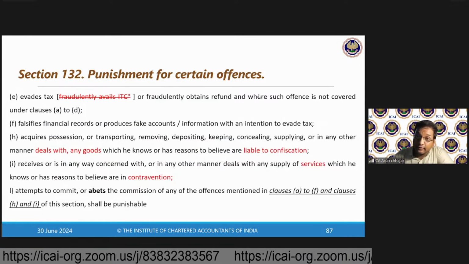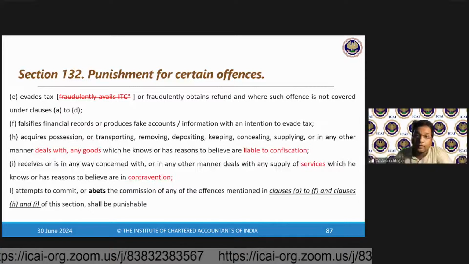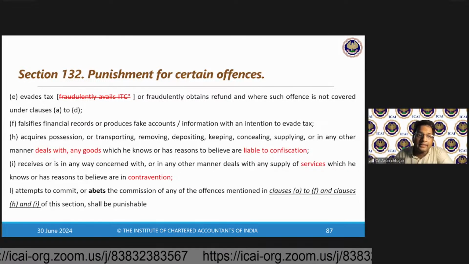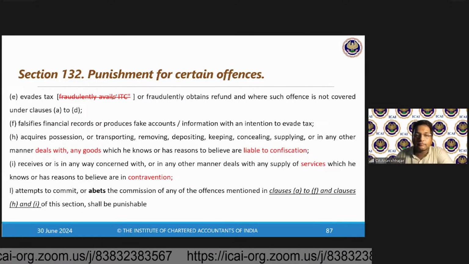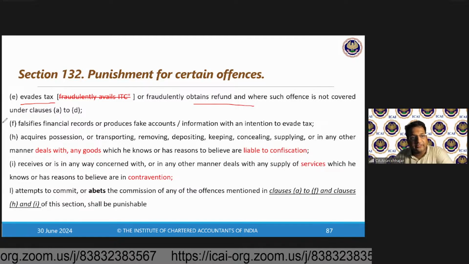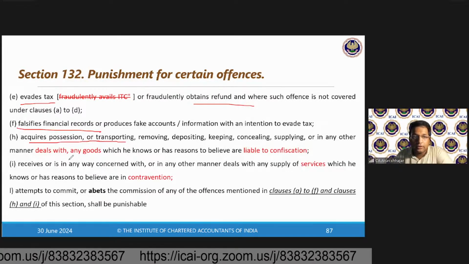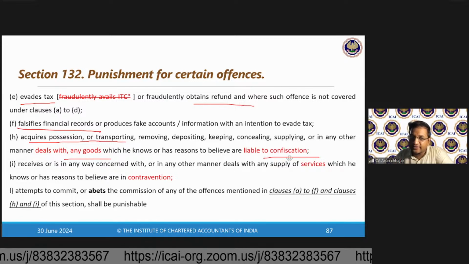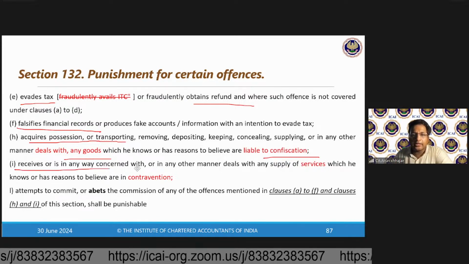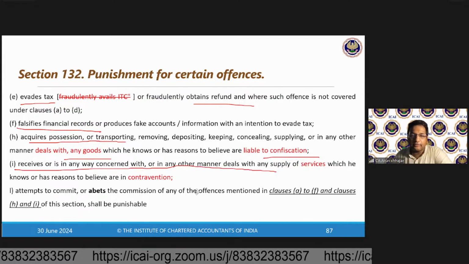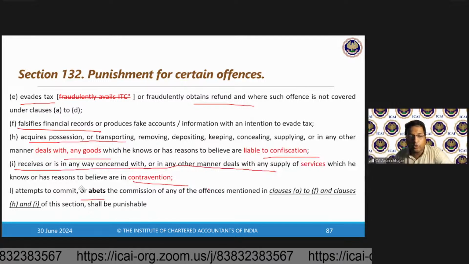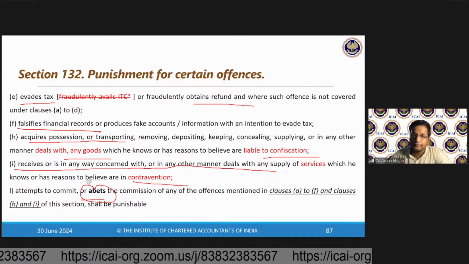Now the next 5 offenses: evading taxes or fraudulently obtaining a refund; falsifying the financial record; acquiring possession of or dealing with goods which are liable to be confiscated; receiving or dealing with the supply of services in contravention; and attempting to commit or abetting the commission.